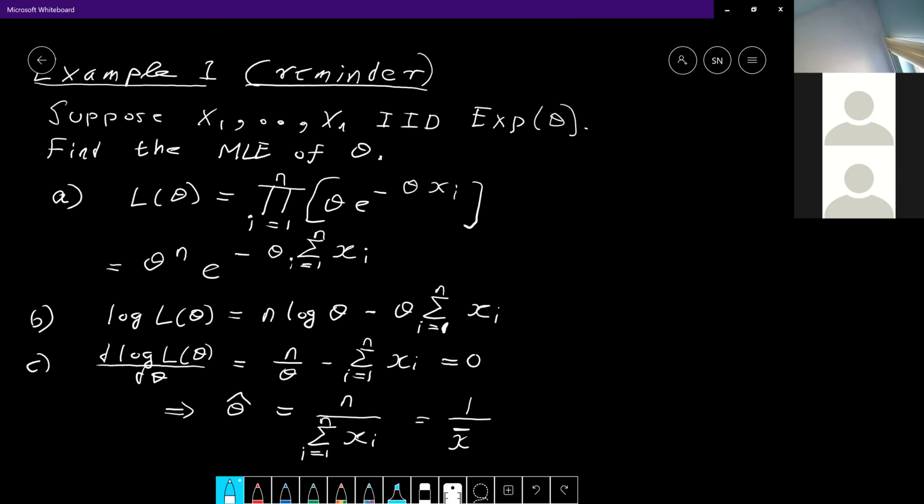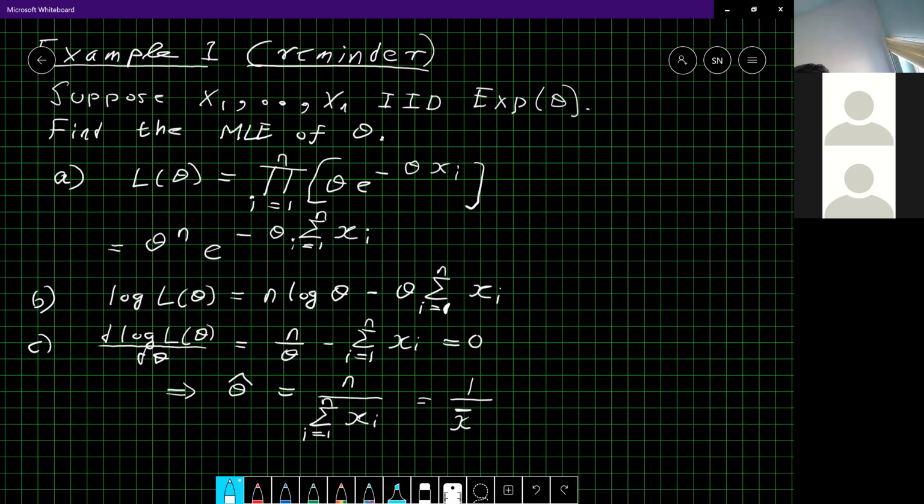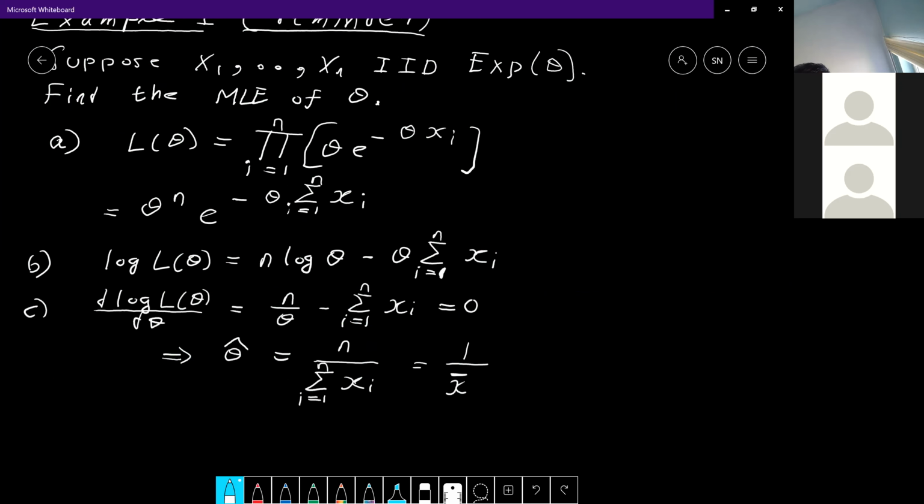Now to make sure that this is an MLE, you need to do the second order derivative. So that's the fourth step. And this is clearly negative.